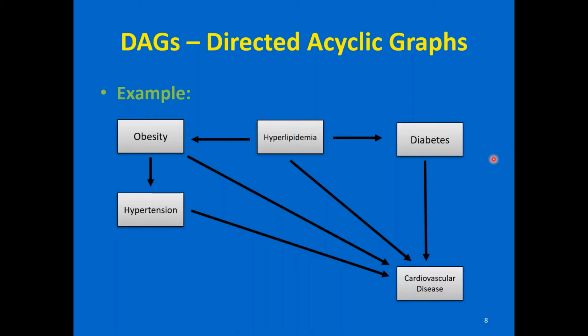There's also hyperlipidemia and diabetes that have interrelationships with these, but also old age has a causal effect on hypertension and cardiovascular disease. If I'm studying the directed acyclic graphs in these relationships, I'm looking here at obesity as an exposure and hypertension as the outcome, but hypertension as an exposure can also be a cause for cardiovascular disease. Likewise, hyperlipidemia for cardiovascular disease.